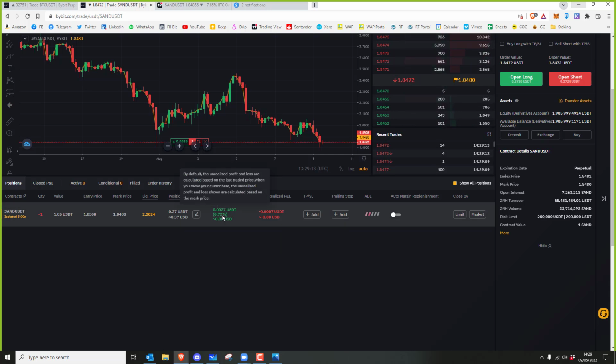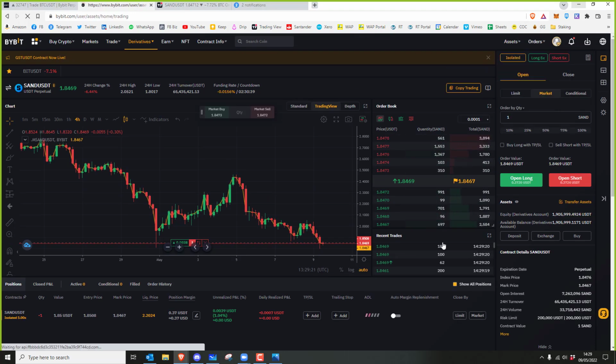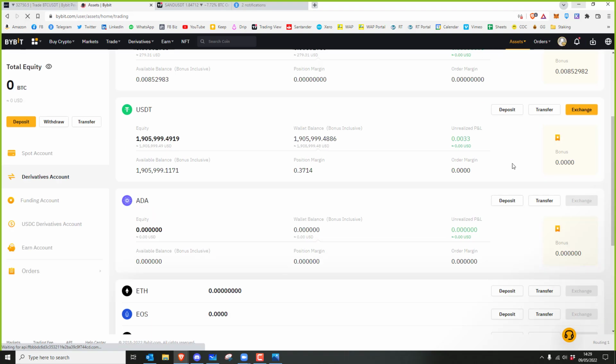So when you're looking at the profit and loss over here, it's using the mark price. And the annoying thing is that when you look at your P&L over on the derivatives side over here, it uses a different one. It uses the actual. This shows you the P&L minus some of the fees, etc. Because I went through a stage a while back, going, holy shit, where's all my money? I'm losing like 10 to 20%.